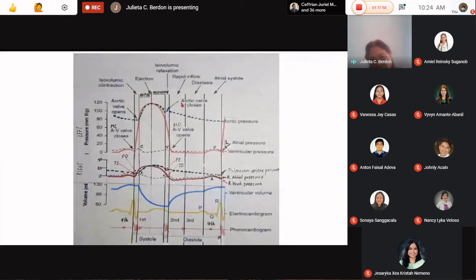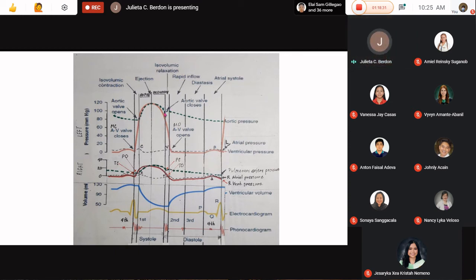Retrograde flow, because the pressure in the ventricle is lower. It seems to want to go back to the ventricle, but it cannot because your aortic valve closes immediately. Some authors would say a little blood goes back to the ventricle. But anyway, what is important is that it causes the closure of your aortic valve. So now, the aortic valve is closed.